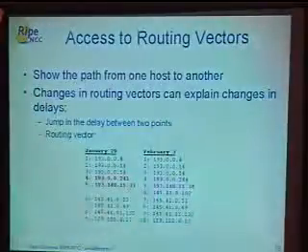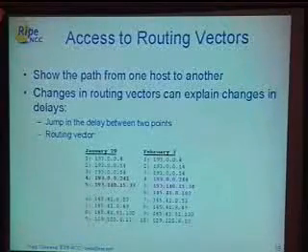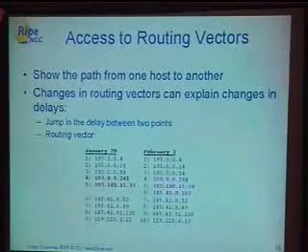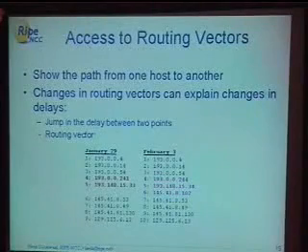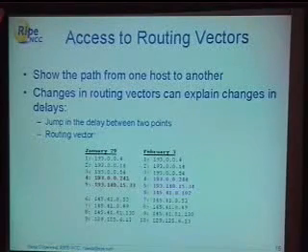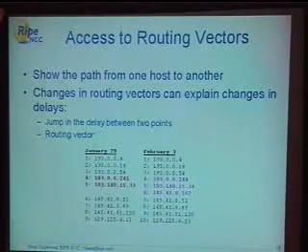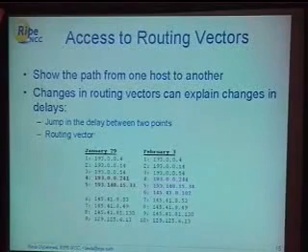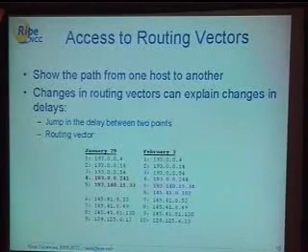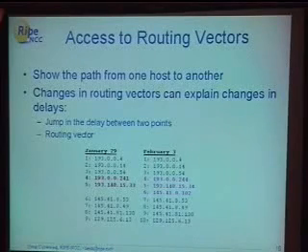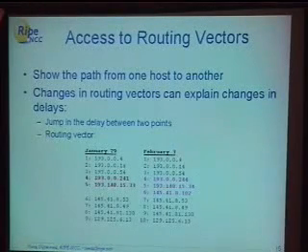What you can also do is query our database with routing vectors, and it also shows the path from one box to another. And changes in these routing vectors often explain changes in the delays. What you quite frequently see is that the delay is constant, and then there's a sudden jump.